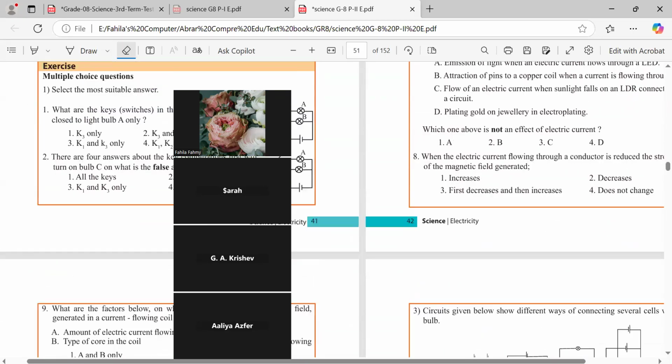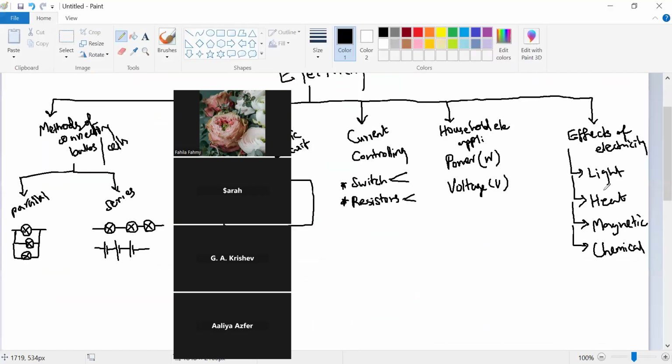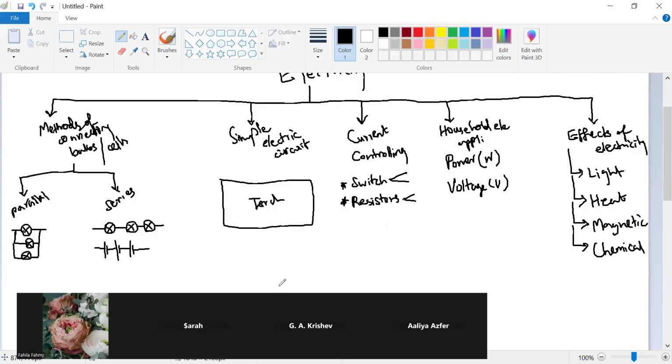Oh, okay, only four effects, no? Right, light, heat, magnetic, and chemical. All right, okay. So, right. Any questions regarding this, Puta?